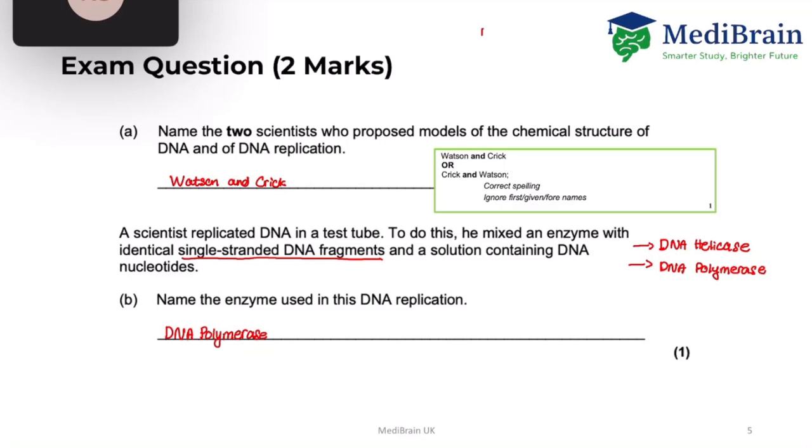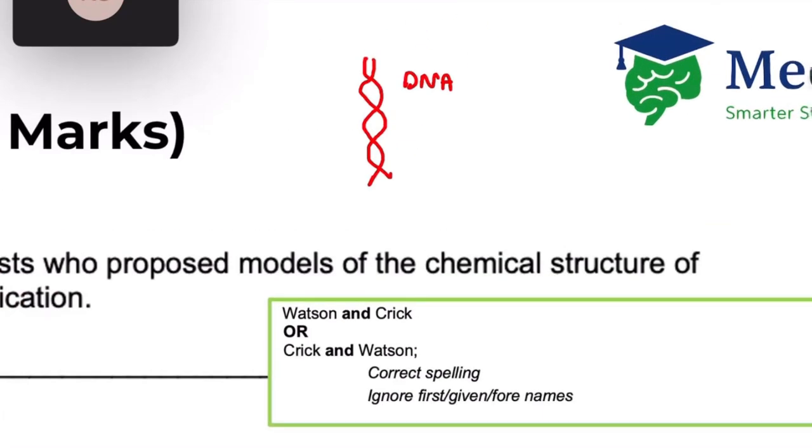So remember, when we have our DNA helicase, how does this unwind? Okay, DNA helicase makes the double helix unwind. It breaks the hydrogen bonds.